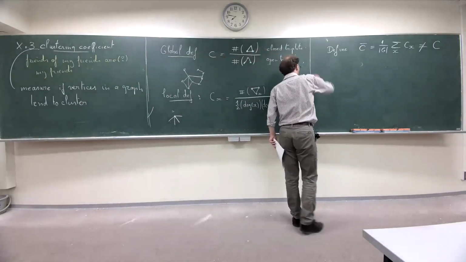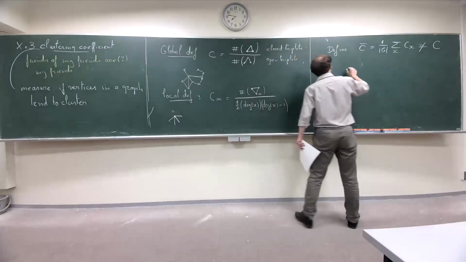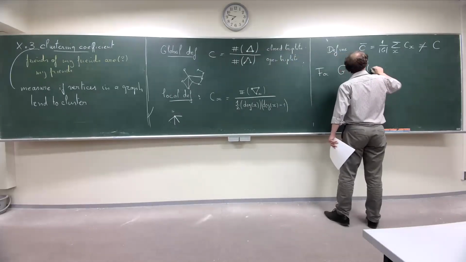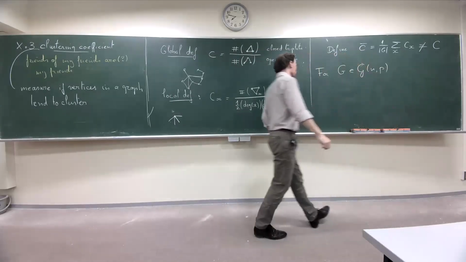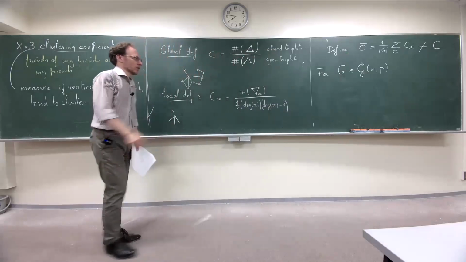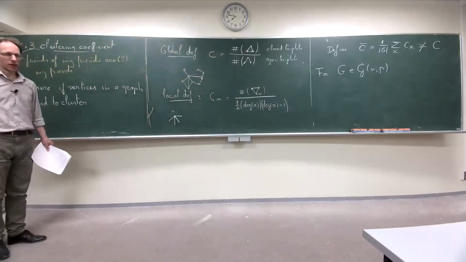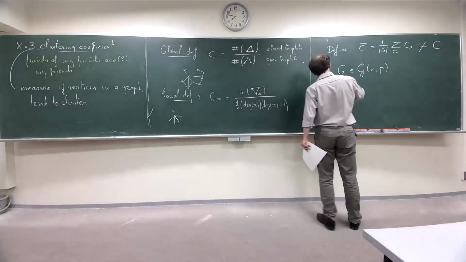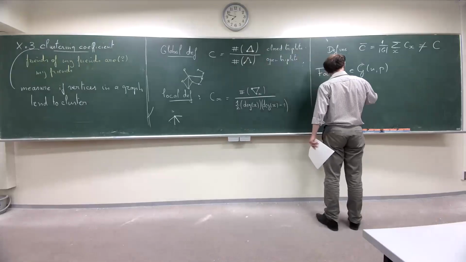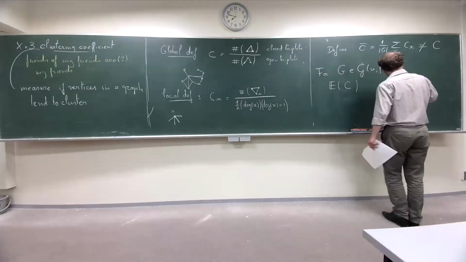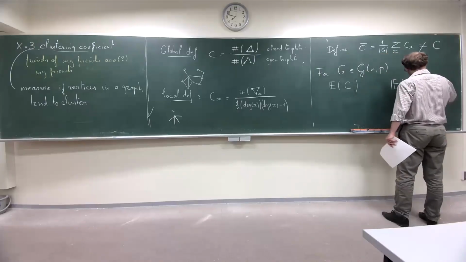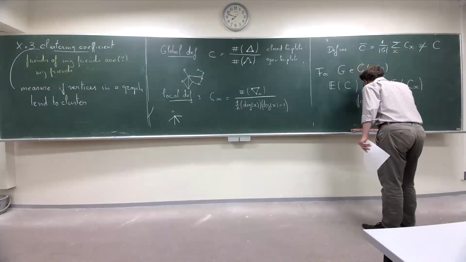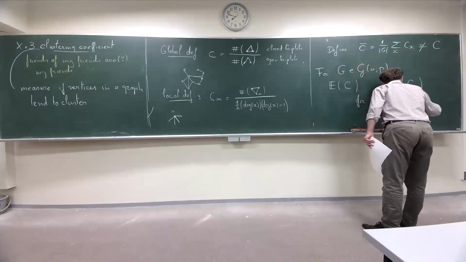Now, what happens for our G(N,P)? What are these quantities in general? These quantities are defined for any graph. Now we need to take expectation because we have families. So what is the expectation of C and of Cx for a graph in our family?